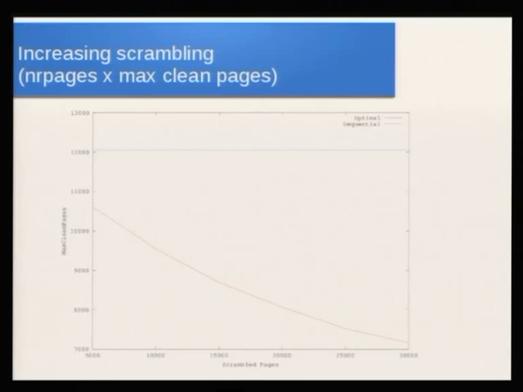As you increase the number of pages that are scrambled, that are not sequential, the maximum number of clean pages that are achievable also grows down. That's pretty bad. And the optimal stays constant, so it's resistant to random workloads.